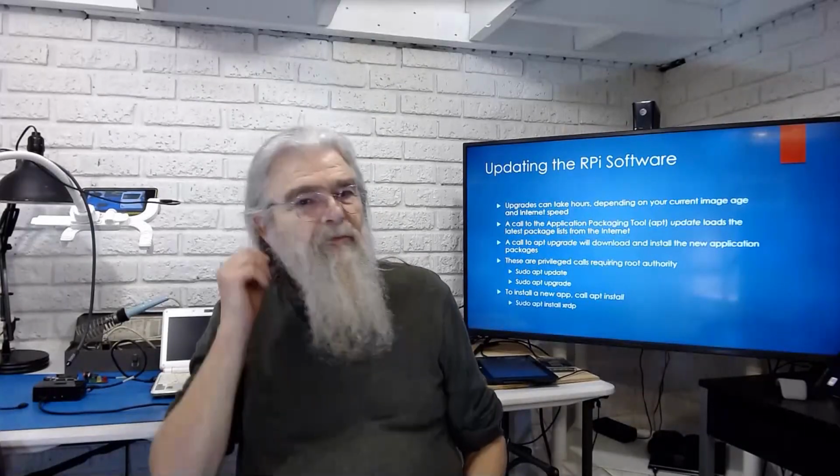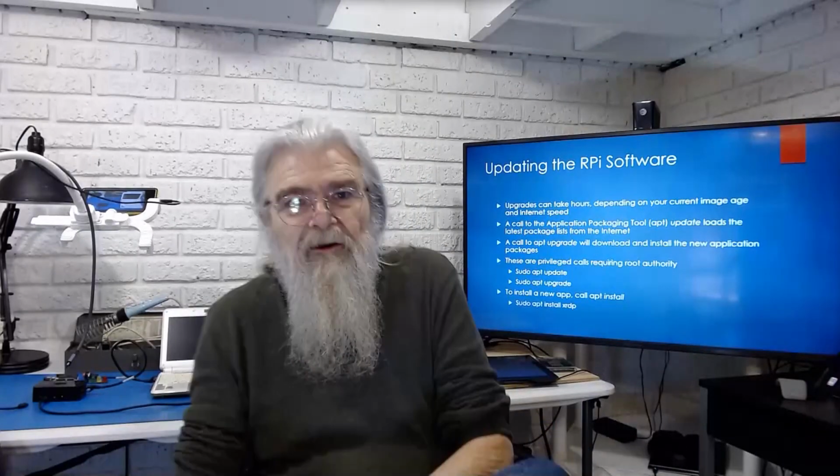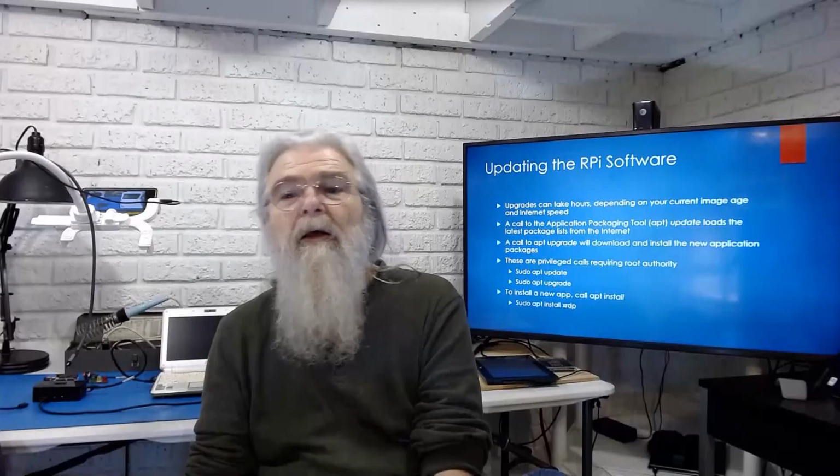Now, when you start this, make sure you have time, because it can take hours depending on how old your current image is and how fast your internet connection speed. Older images will require more updating, therefore there's more packages to download and more things to install.